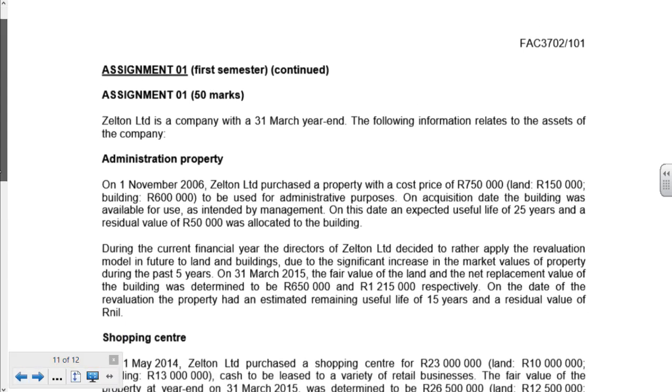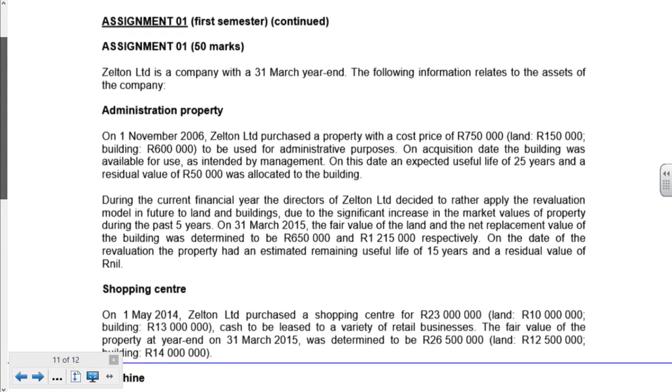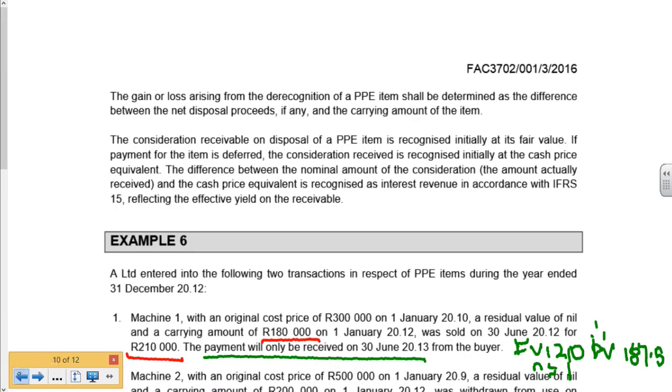During the current financial year, the directors decided to apply reval. So for now, you can ignore this reval because I haven't taught you revals yet. Agreed? So for now, I just want you to do the cost piece of that asset, the calculation of the cost piece. Let me just go back here.